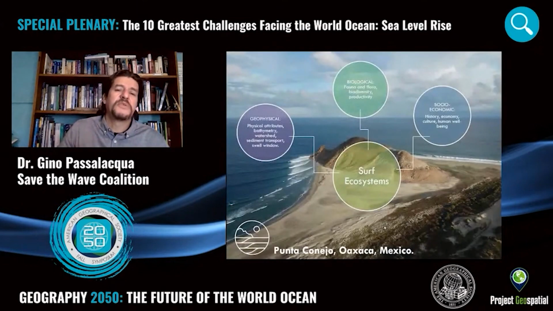So now I'm going to explain what a surf ecosystem is. A surf ecosystem is the coastal environment around a surf break. It has different components. You have the geophysical component, which are the physical attributes: bathymetry, sediment transport, the swell window that allow to have a surfable break.